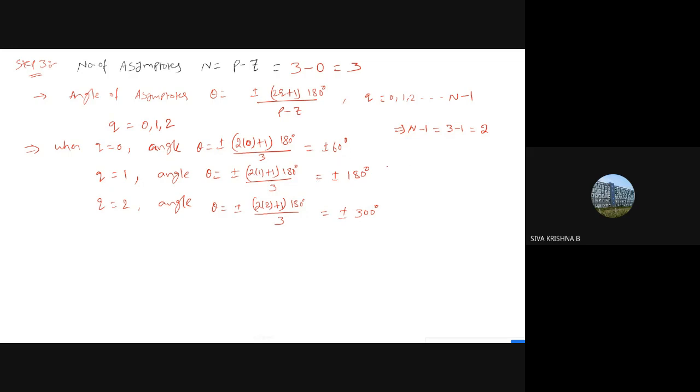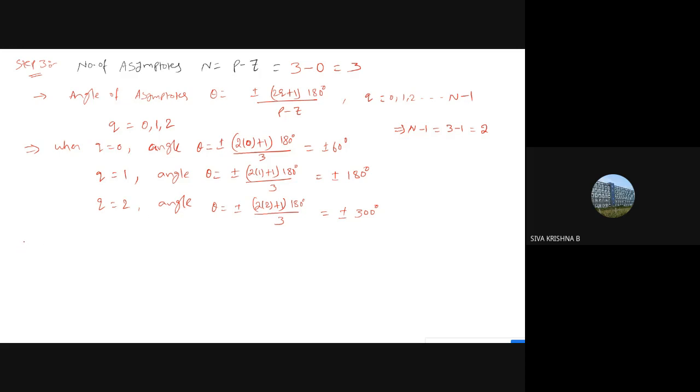Okay, is it clear? This is the main thing to draw the angles.